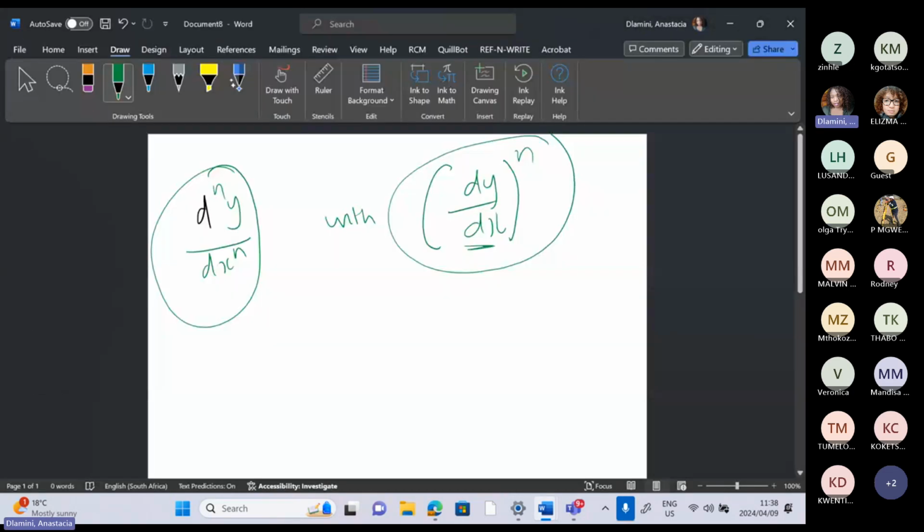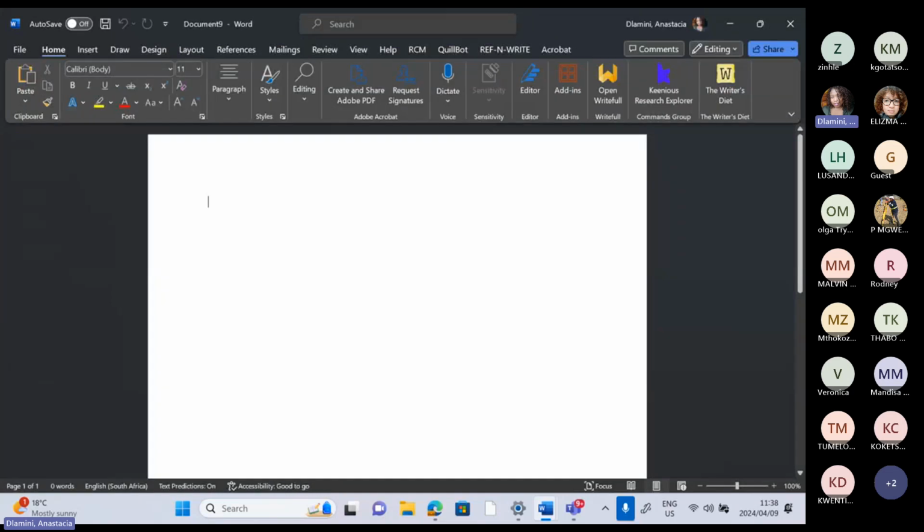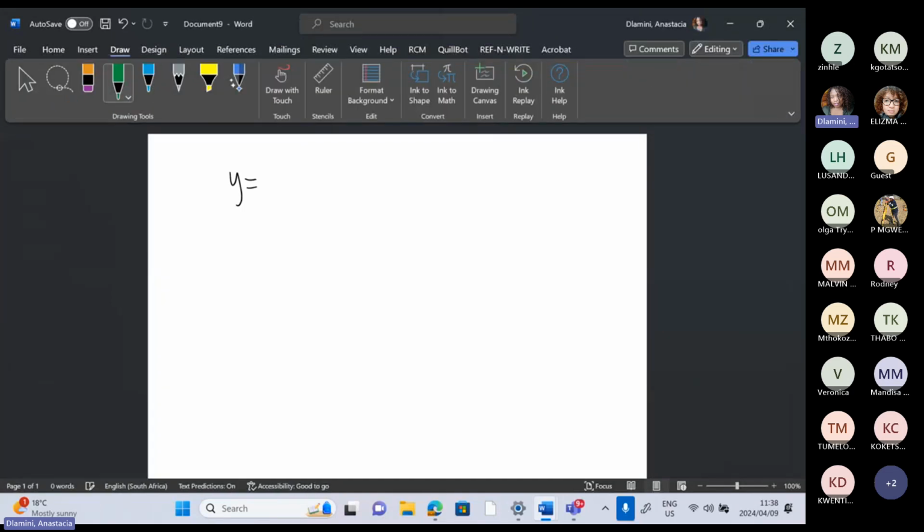Now, let's differentiate this. y is equal to tan 3x, and they want you to find the third derivative, which they sometimes write as f triple prime of x.